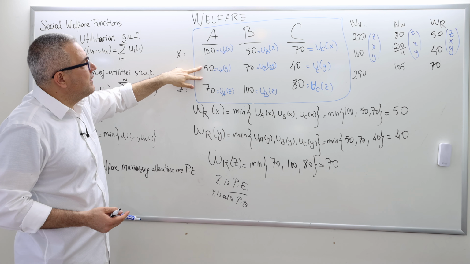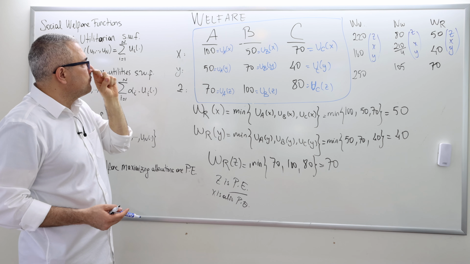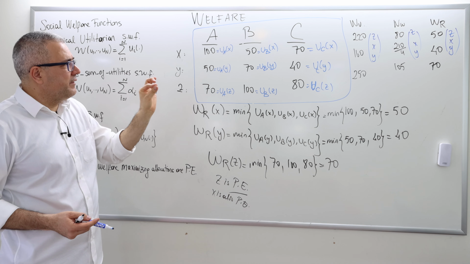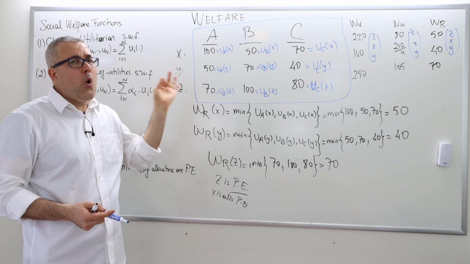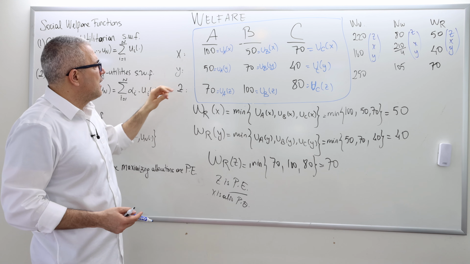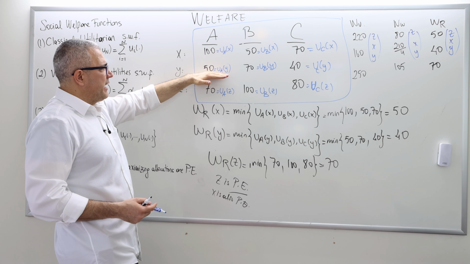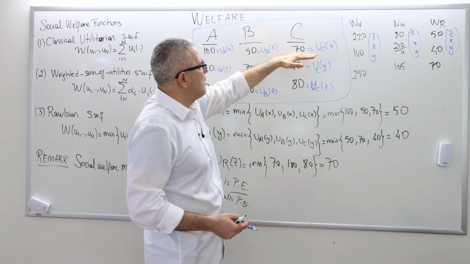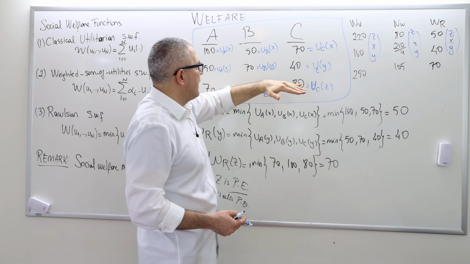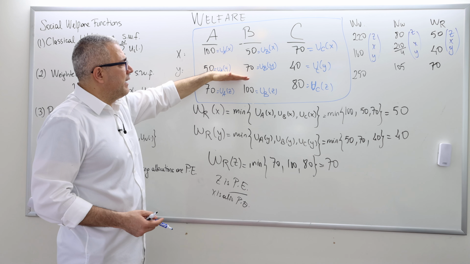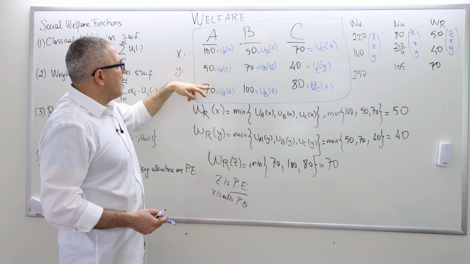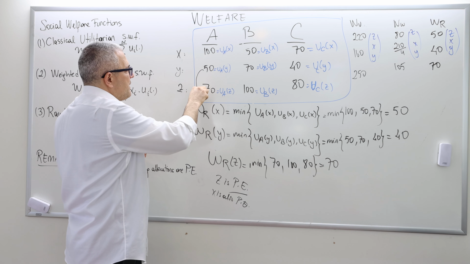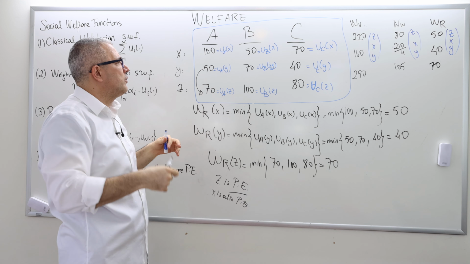Okay? And then let's check Y. Y is never the best alternative. Is there an alternative that will actually improve all three agents' utilities? If we give Y, agent A is going to get 50 utility, agent B will get 70, and agent C will get 40. But instead, if we give them Z, agent A will be happier, right? Because from 50 to 70, it's an improvement, more utility.